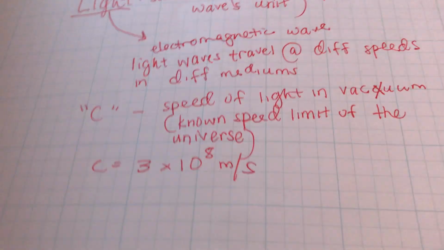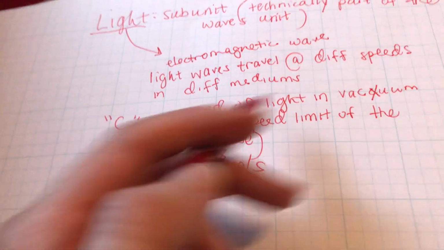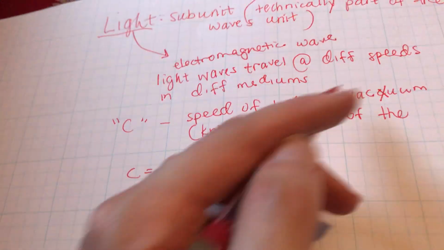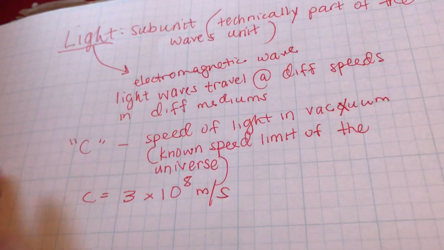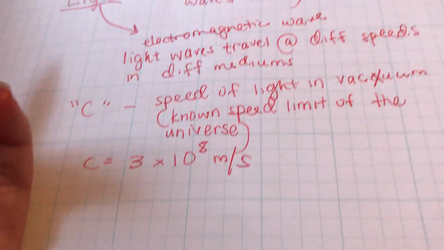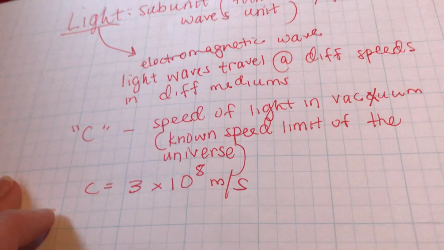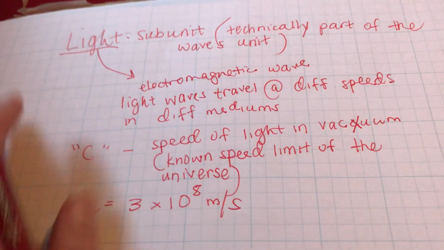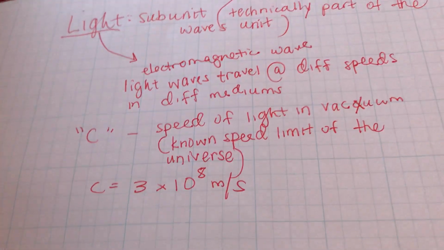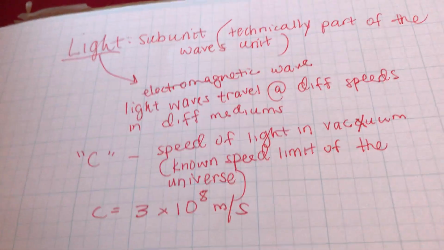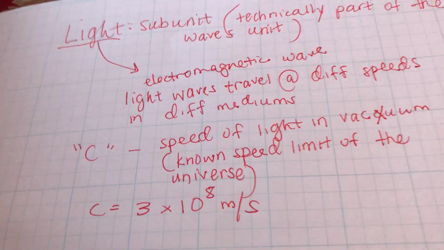But I also want to point out that light doesn't only propagate through vacuums. In fact, light may not require a medium to travel through. However, it does travel through all different kinds of mediums. And depending on what light is traveling through will determine the nature of the way that light is going to bend.